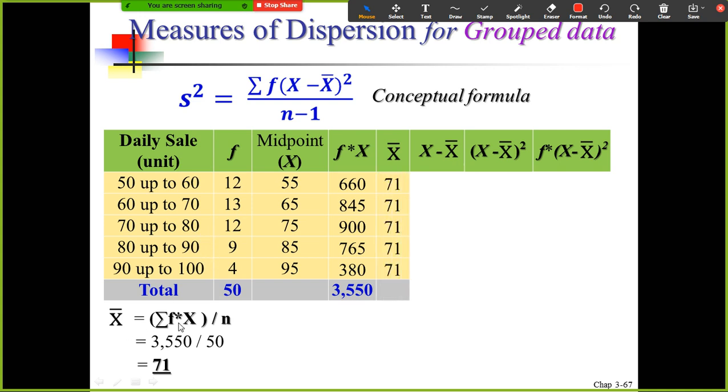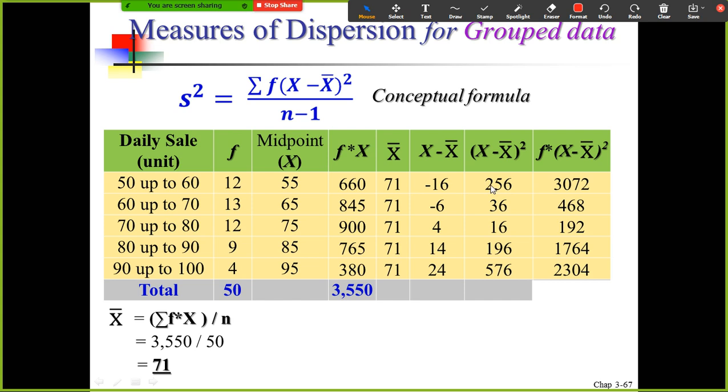After we find the mean and we know the midpoint of each class, we can take the deviation of the class midpoint from the mean, and then take the square. Next, multiply by the frequency of each class.